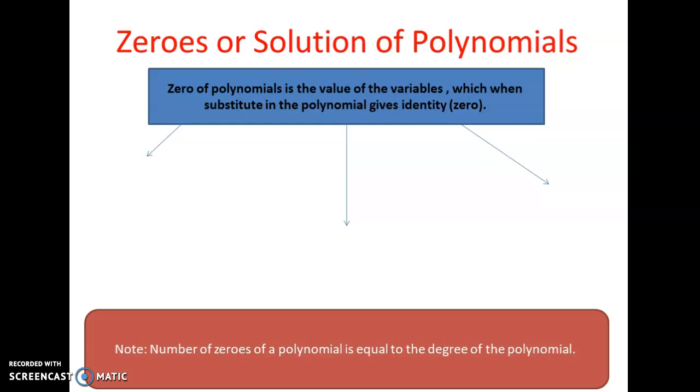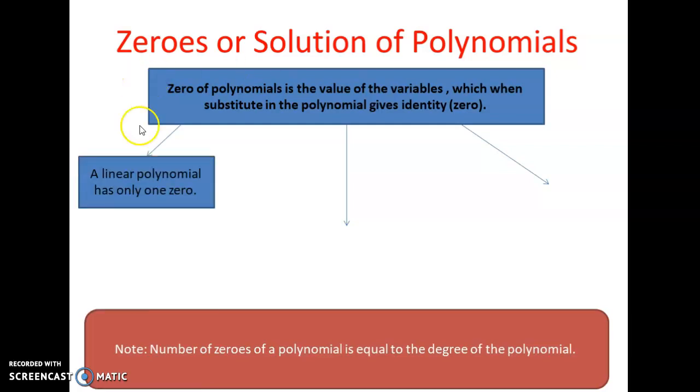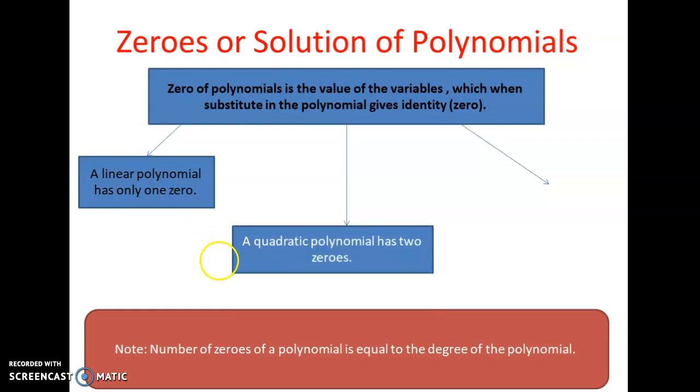As we have discriminated the variables according to the degree, the solutions can also be discriminated according to that. A linear polynomial has only one power, x to the power 1, so it contains only one value of x, only one zero. A quadratic polynomial has x raised to the power 2, so we can have two different values or two equal values of x in it.